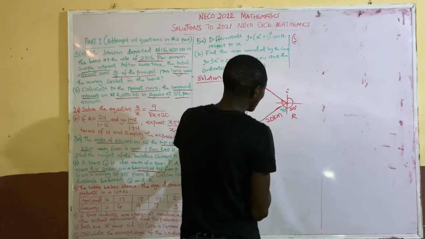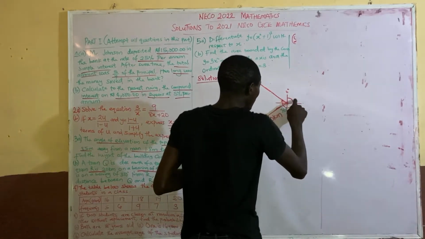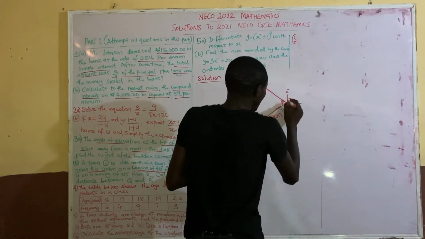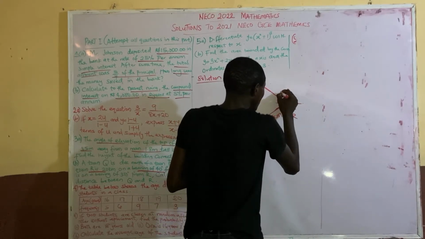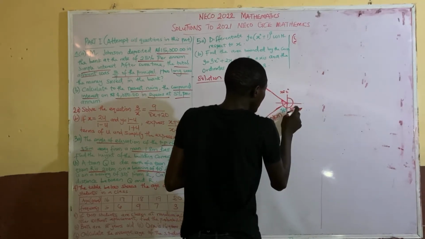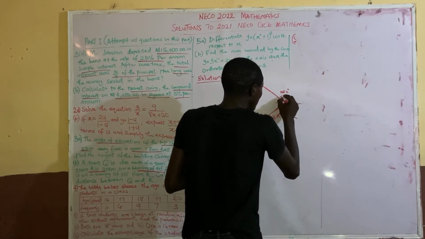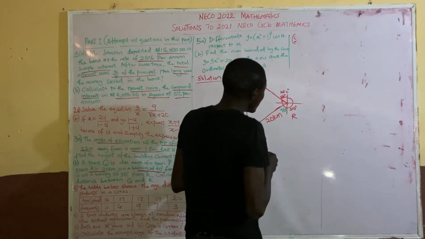Another thing I need to consider is that from here to here is 310 and from here to here is 360. So 360 minus 310 will give you an angle of 50 degrees. So this one is 50 degrees.